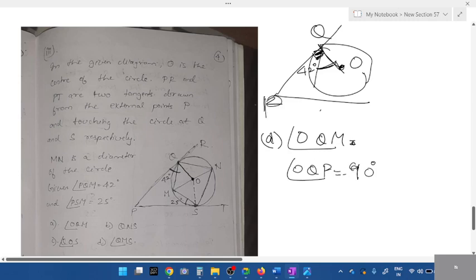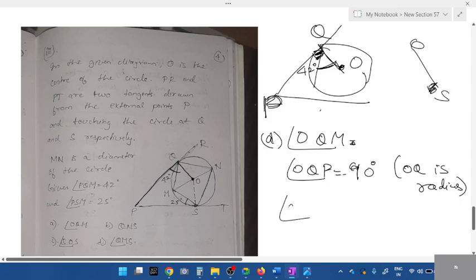Just look at angle OQP from the diagram. OQP is 90 degrees. Reason: OQ is radius. Just write OQ is radius. When the radius touches the tangent, PQ is the tangent, students. Whenever a radius touches the tangent, the angle formed is 90. Even OS, the angle at S is also 90. Look at O and S. The angle formed is 90 degrees.